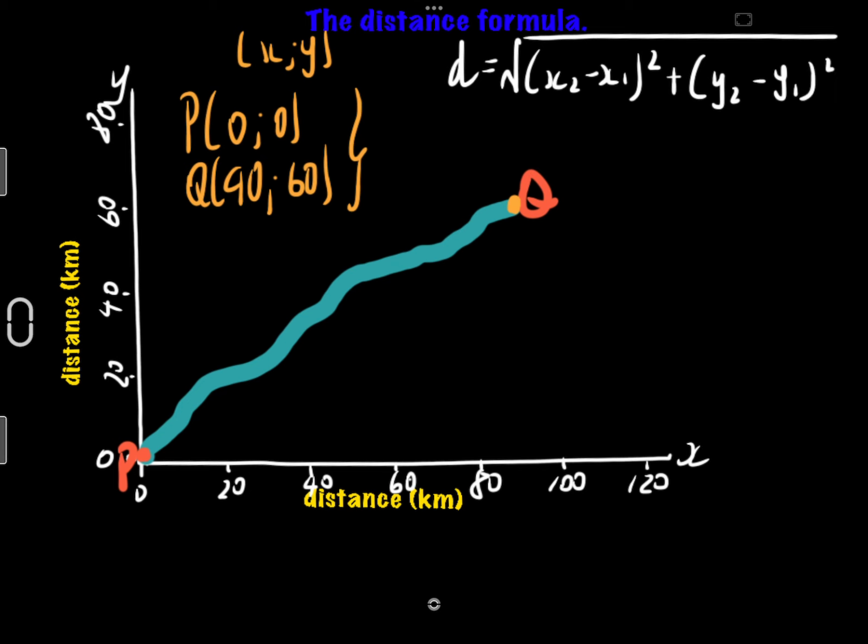Now that's very important that one gets accustomed to this formula, because that's our distance formula.